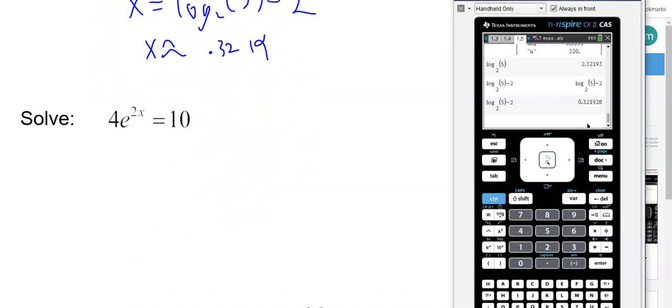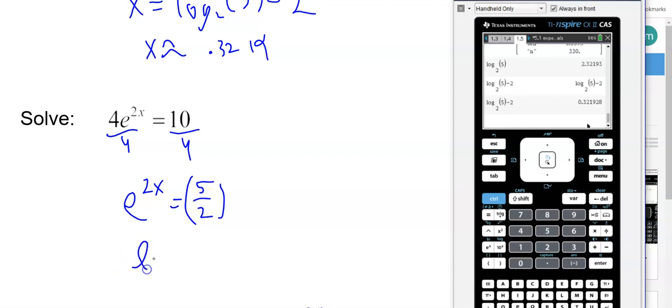Now we have this one. I really like this problem. I want to change the form, but I can't change the form yet. That's not exponential form. That 4 is in the way. So I've got to get the 4 on the other side: e to the 2x equals 5 over 2, because that fraction simplifies. Now this is like exponential form, a number to a power equals a number, even though that number is a fraction.